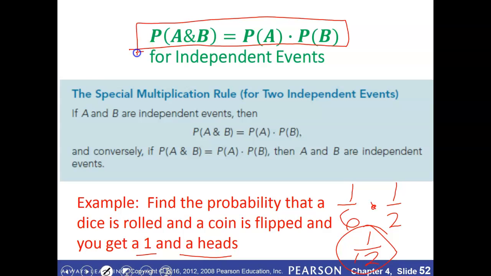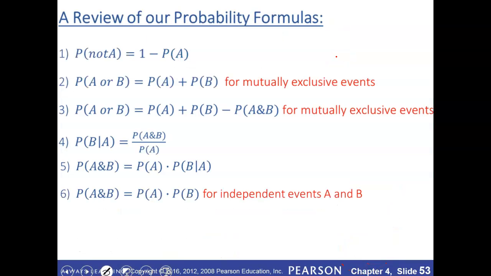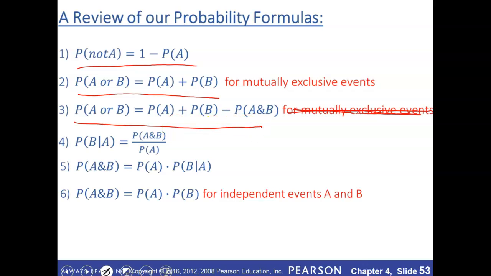And that's what this formula is saying. So if we had a review of all of these things, again, this should be mutually exclusive here. We have all the probabilities that we've talked about so far: the negation rule, the rule for OR, okay, which is really just one rule. We always just add the two probabilities together, and if there is an intersection, we subtract it.